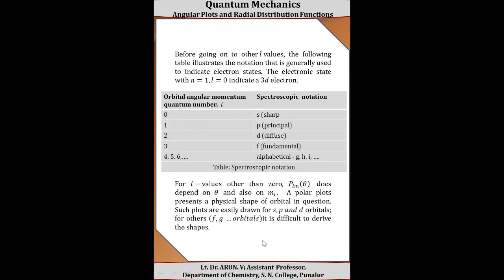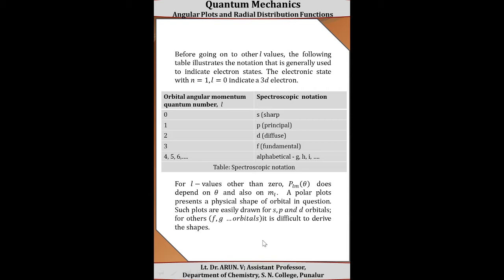Next we have to discuss the other L values. Before entering into those L values, we should know some notation that is generally used to indicate the different types of electrons. We know that an s electron has an orbital angular momentum equal to 0.